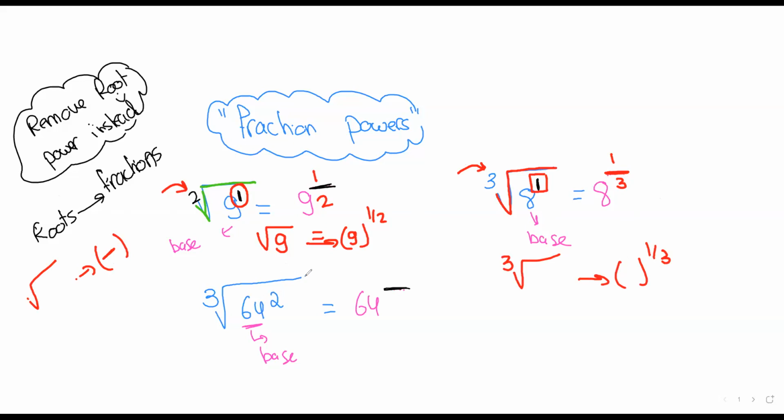One more time. If I have this root over here, and the order of the root is 3, and the power inside is 2, and I am required to change this into a fraction, this fraction will be in over out. 2 over 3. In over out.